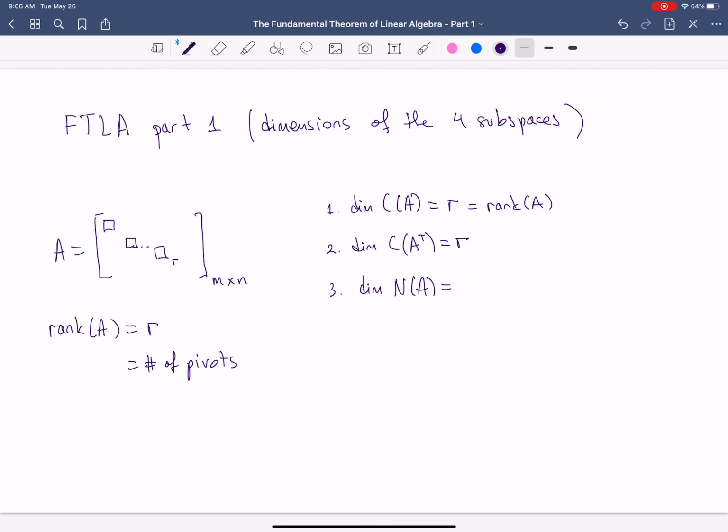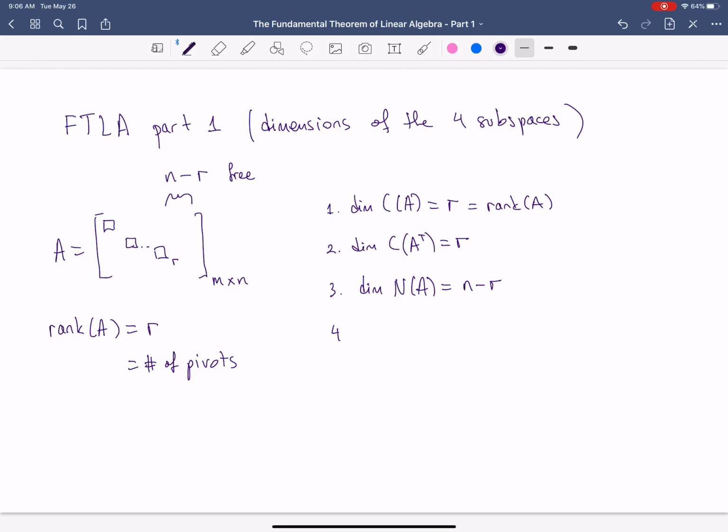So if there are R pivot columns, then the remaining columns must be free columns. So how many free columns are there? Again, there are n columns in total, and there are R pivot columns. So the remaining n minus R columns must be free. Therefore, the dimension of the null space is n minus R.